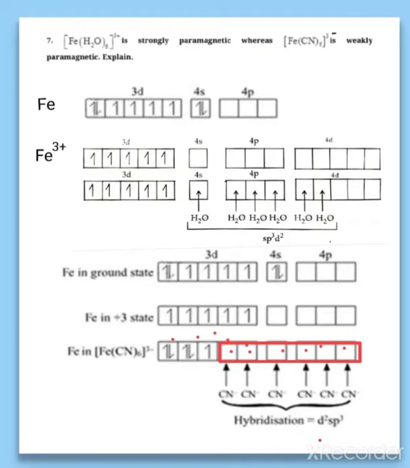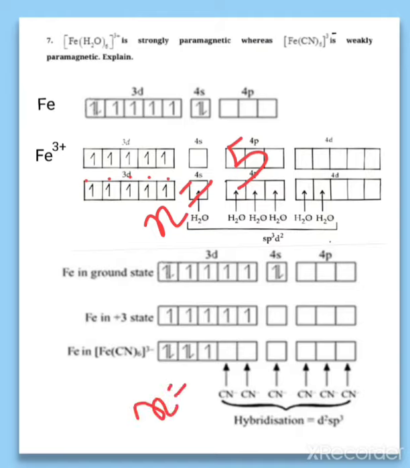So when you look at these two cases, what is the number of unpaired electrons here? That is n equal to 1, 2, 3, 4, 5. The 5 electrons are unpaired here because pairing is not taking place. But in this case, the same 5 electrons in the d get paired. So how many unpaired electrons are there? Only a single unpaired electron is present.